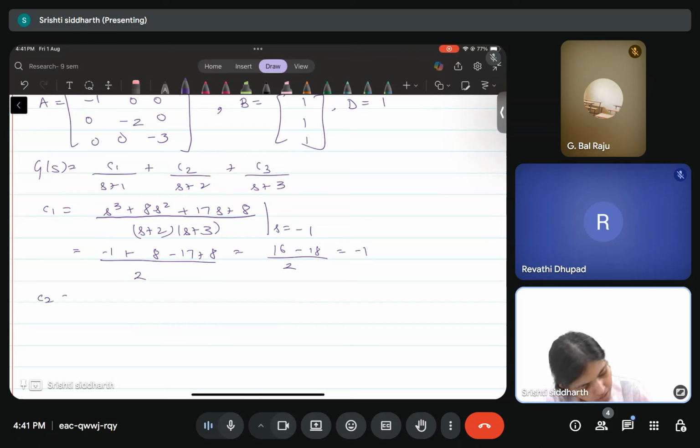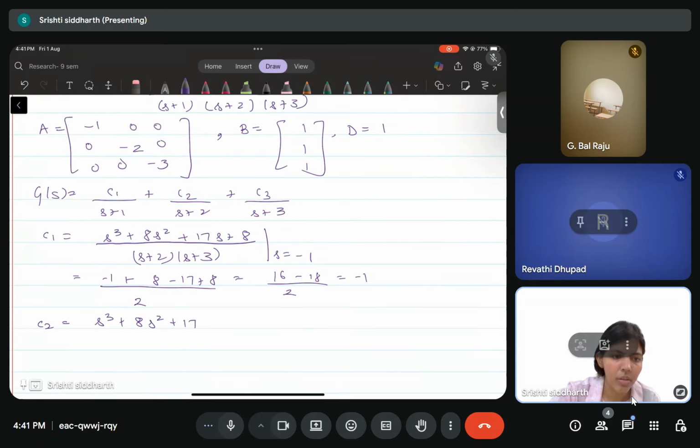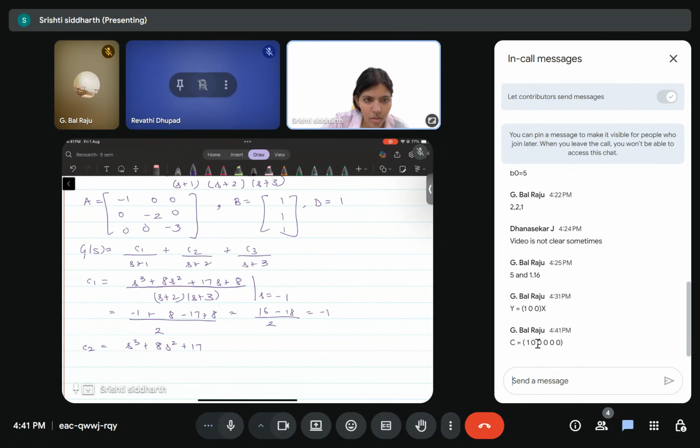Then C2 is s cubed plus 8s squared. I think it's minus 1, and we only have 3 states, so I'm not sure how many it is.